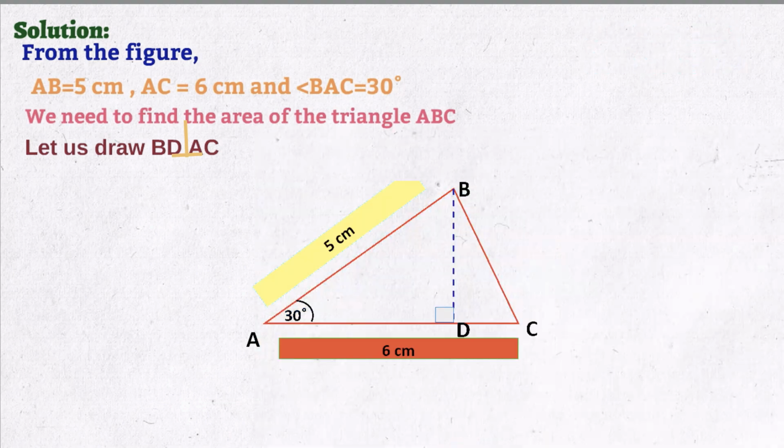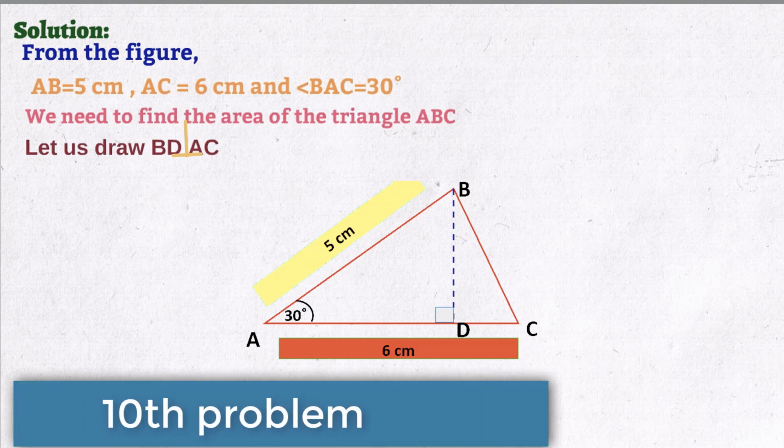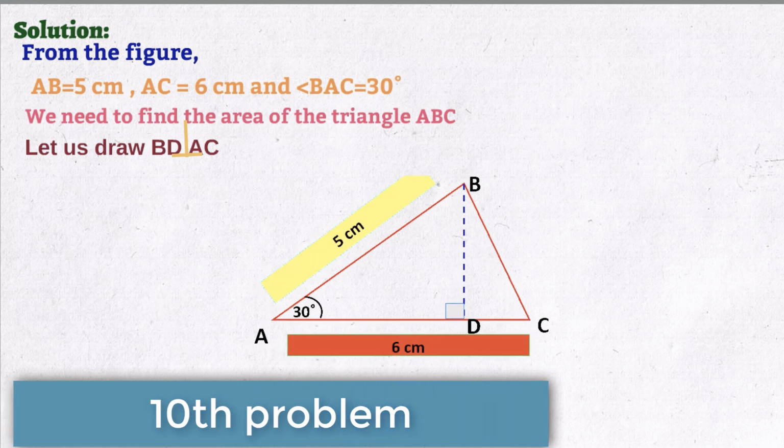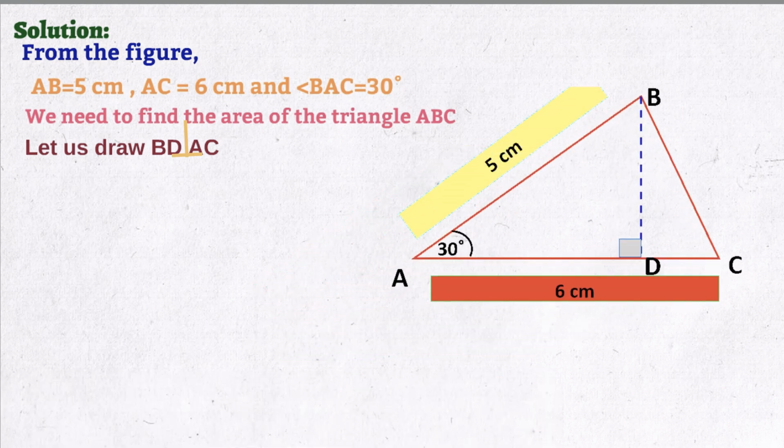If you observe in this triangle BDA, we have angle A 30 degrees, and also we have the length of side AB, that is 5 centimeters. We need to find the length of BD. So to find this, BD is the opposite side for the given angle 30 degrees, and side AB is the hypotenuse.